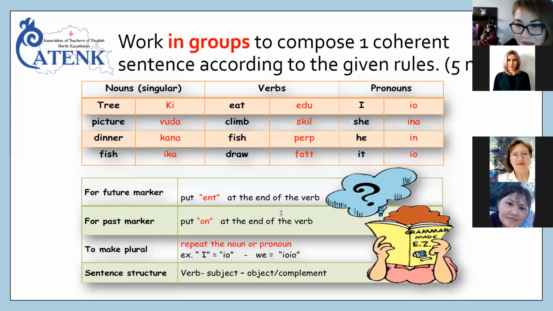Let me answer. I have seen the task for the first time, and it was rather interesting because I have to take into consideration not only the sentence structure, which is rather different from English and Russian, verb, subject, and object.